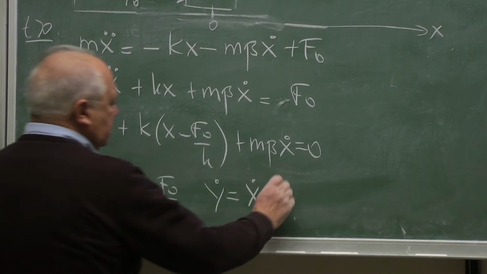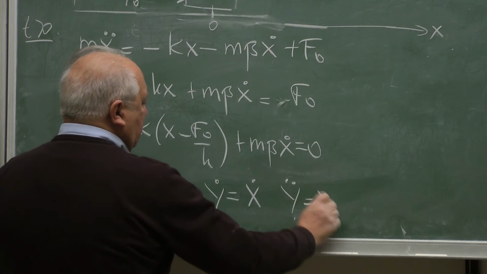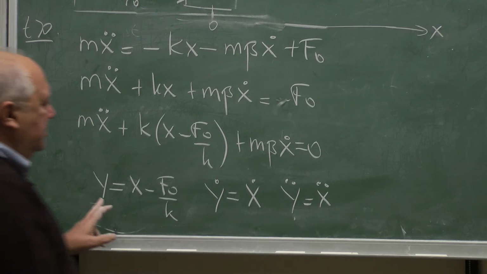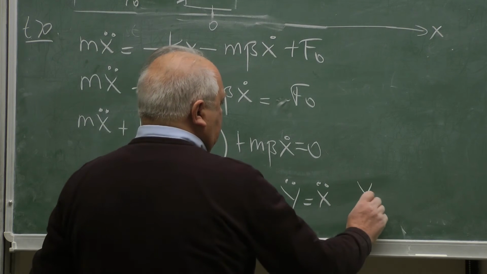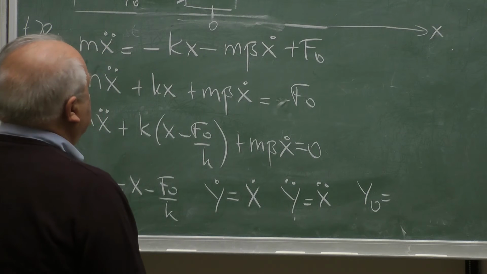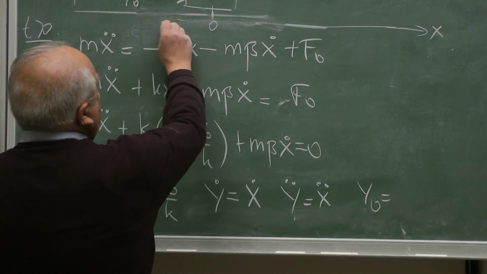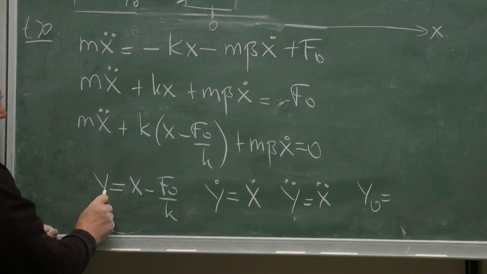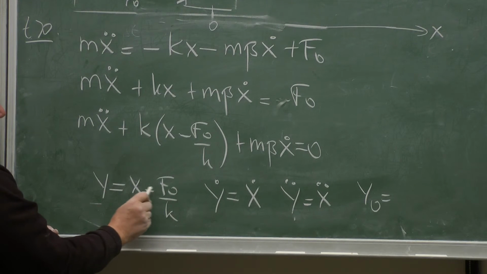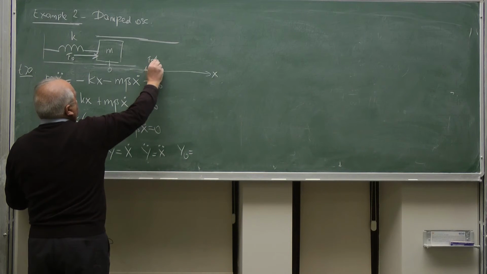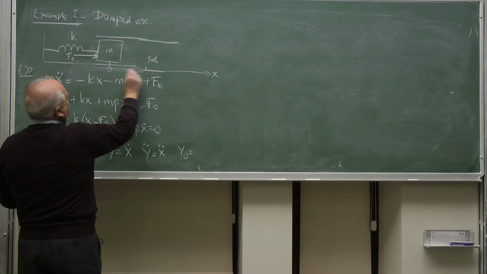And y double dot is x double dot. And the initial conditions: the question is, where is y? The 0 of y is at x equals F0 over k. So let's say F0 over k is here. This is the 0 of y.